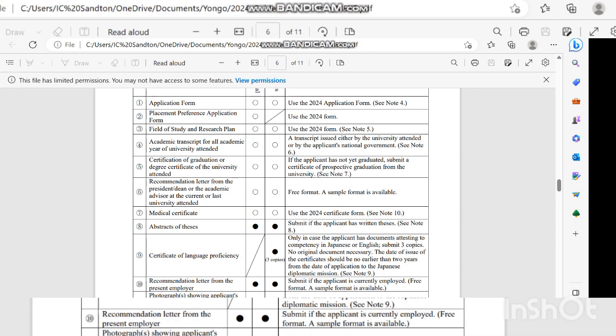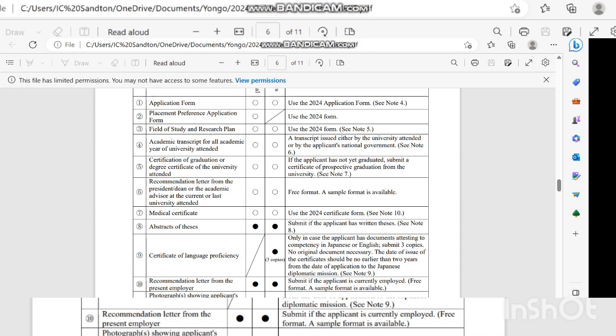Then certification of graduation, that's if you are in your final year and expected to graduate before you go into school in 2024. Or a degree certificate, if you've graduated and you have it, you will attach that. That's pretty clear.